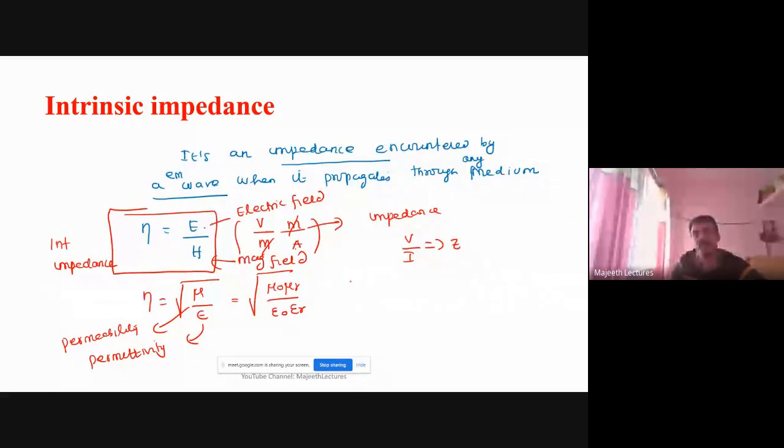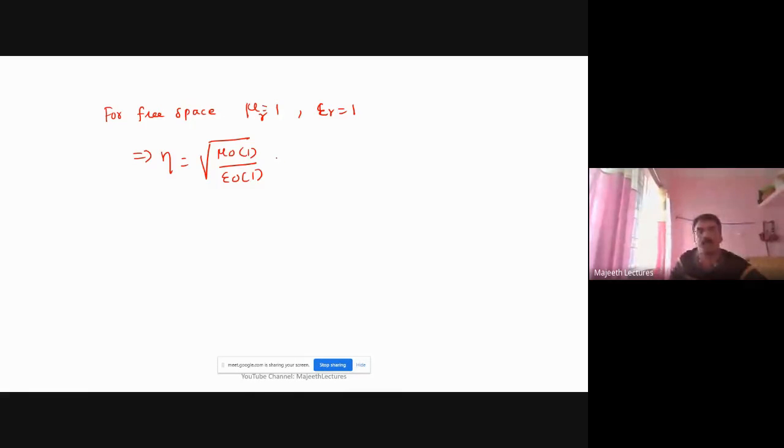But for free space, we know that mu r is equal to 1, epsilon r is equal to 1. This implies eta is equal to root of mu naught by epsilon naught.